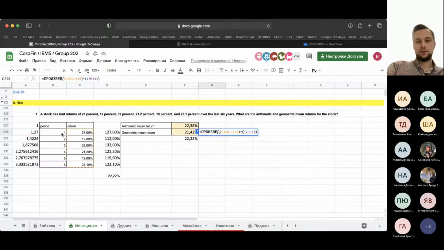Actually, this makes no sense in the calculations, because if we want to calculate the return and how the price changed, we would use these ones. So we will use 1 plus 27%, 1 plus 12%, and so on. So I would say that this calculation doesn't make any sense. I suggest using the formula for compounded annual growth rate.